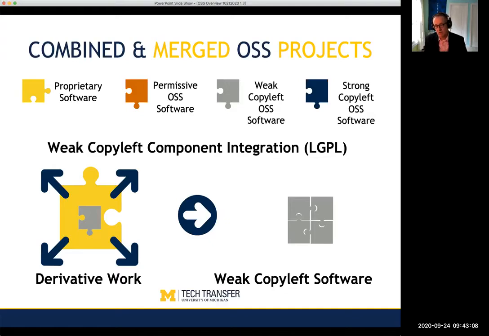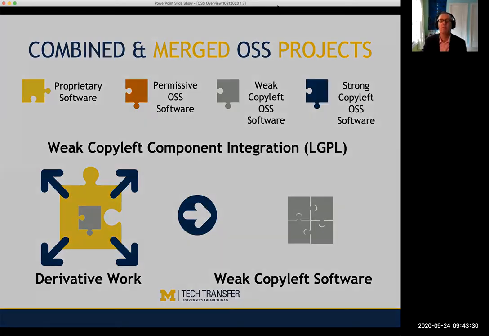What type of license do I have to release on it at that point? At that point, you do have to release on the same terms as the original LGPL license, so you end up with a weak copyleft piece of software. Key difference, you didn't mix a bunch of components together, you literally took that original component and then created derivative work primarily developed off of it.